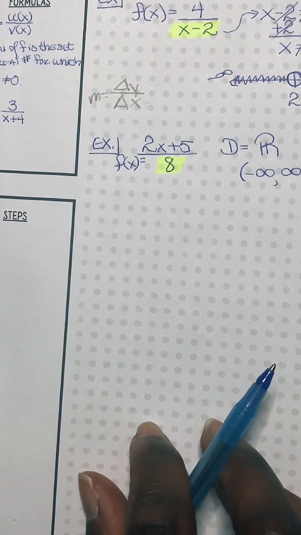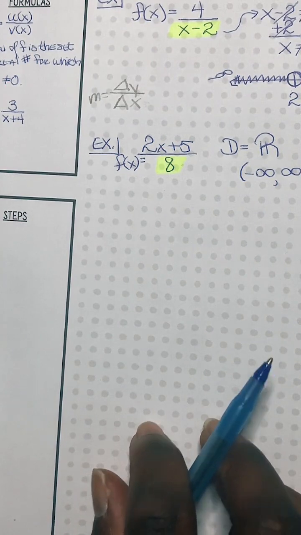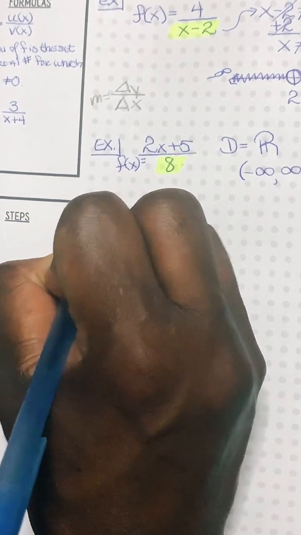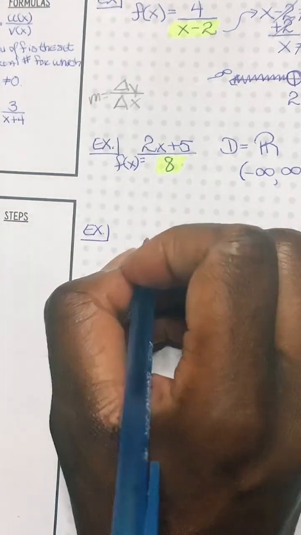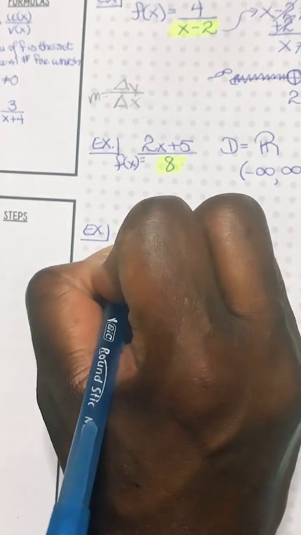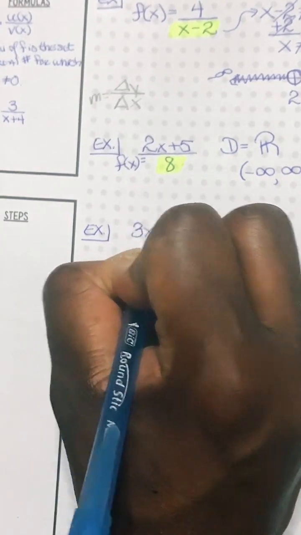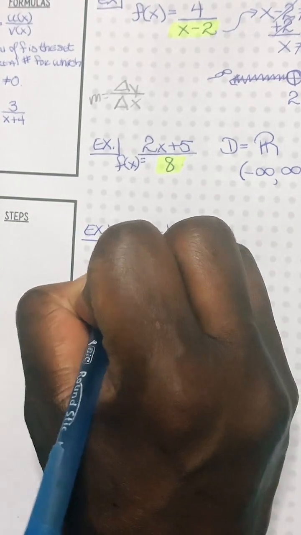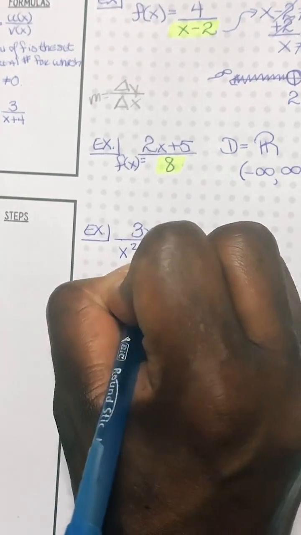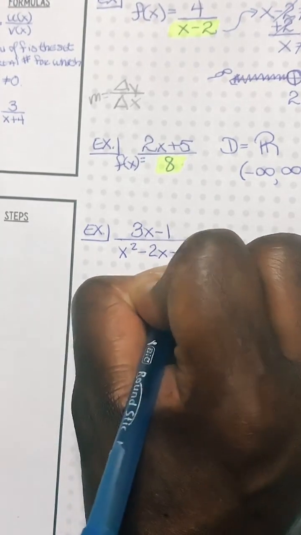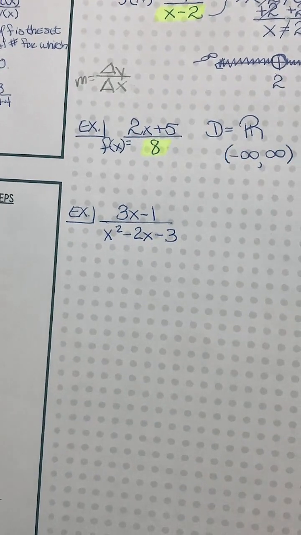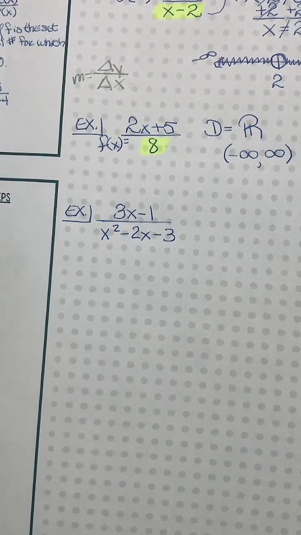Now, let's see if I can do this one. So, 3x minus 1 over x squared minus 2x minus 3. Let's see if people can remember what we did.